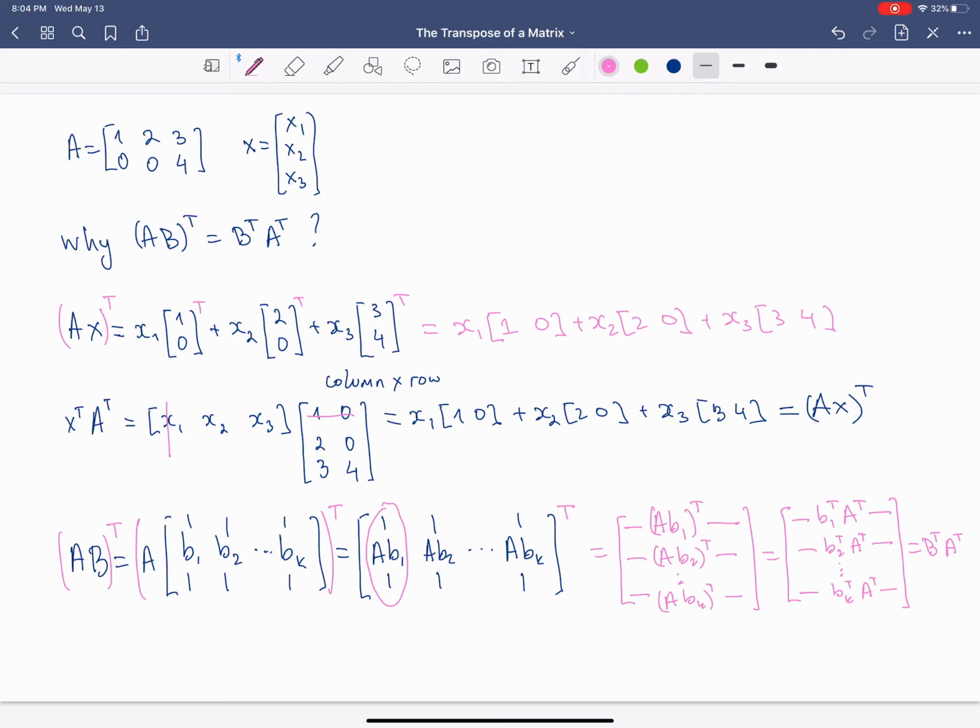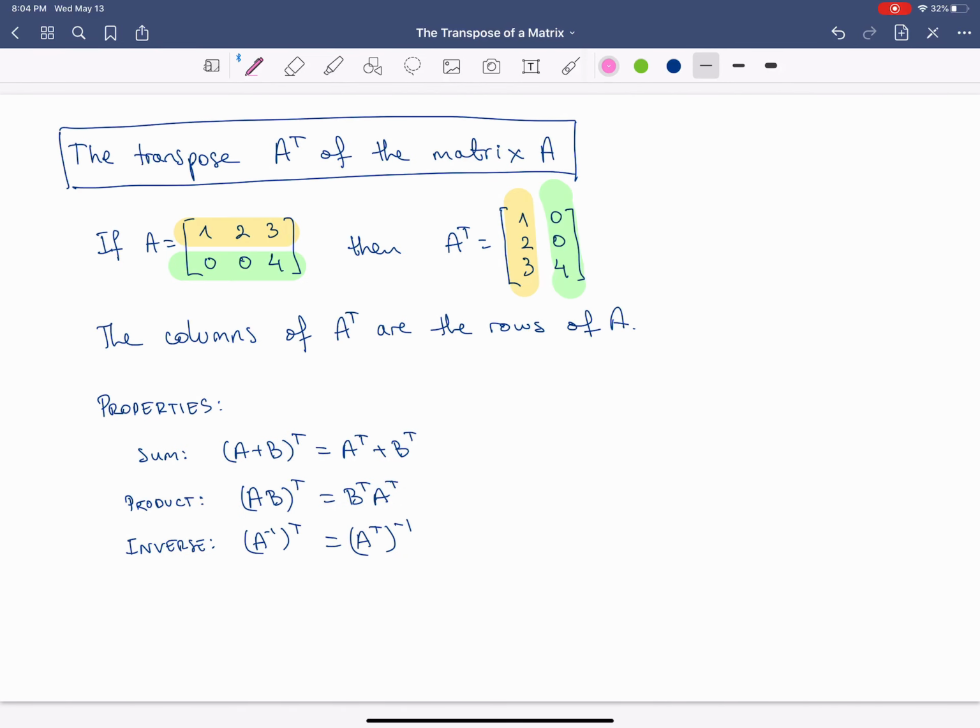So the four ways of carrying out the product A times B is incredibly useful here to show this proof. So now we have proven this second step here, that the product property actually holds. And we will use that to prove the statement about the inverse.